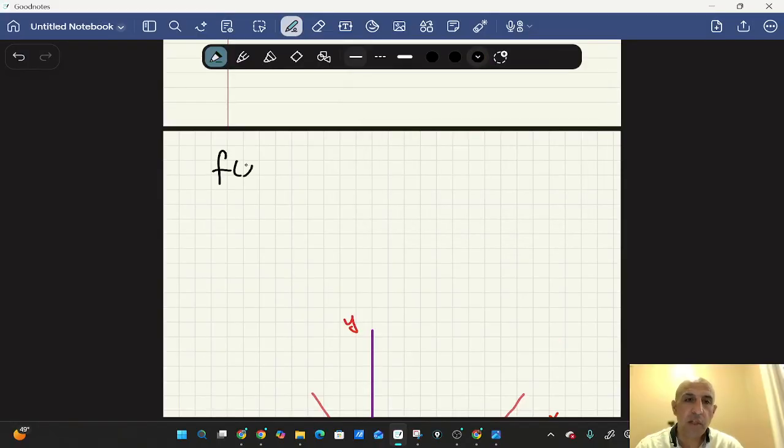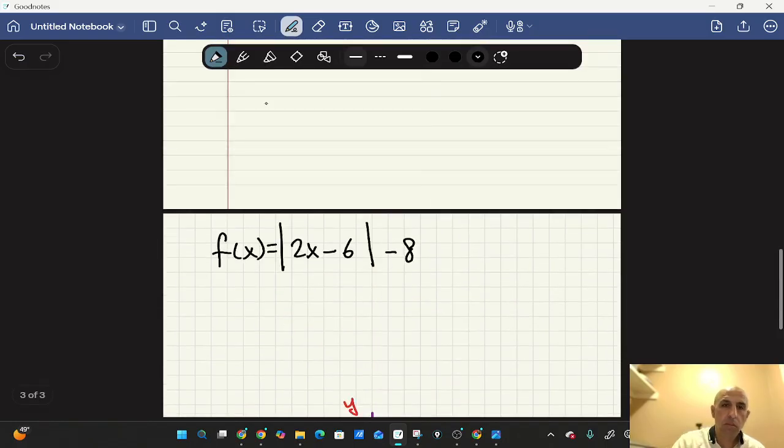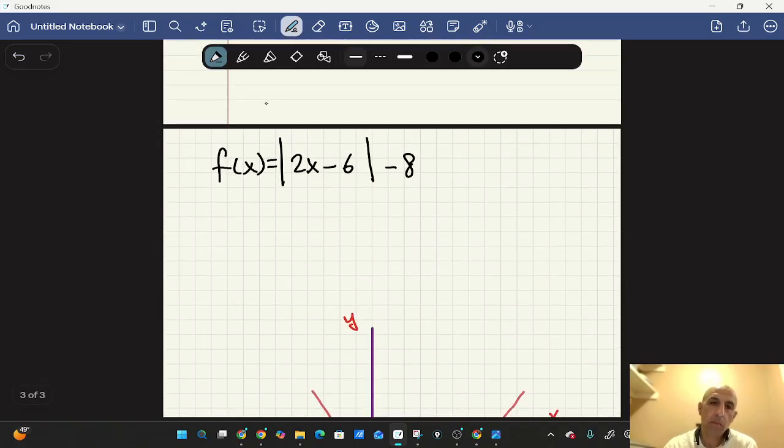So the function is f of x equals the absolute value of 2x minus 6, minus 8. Let us start now with the first point, which is when y is equal to 0. Because we are talking about the absolute value, we need to be careful.